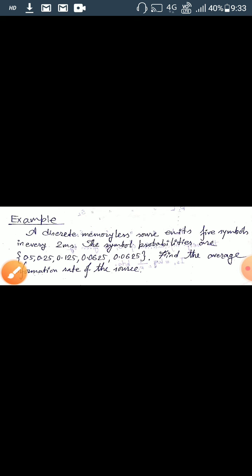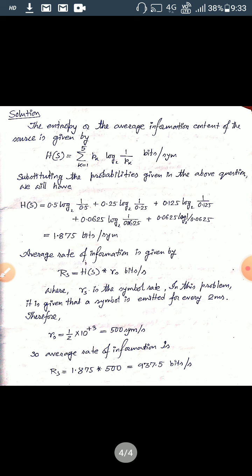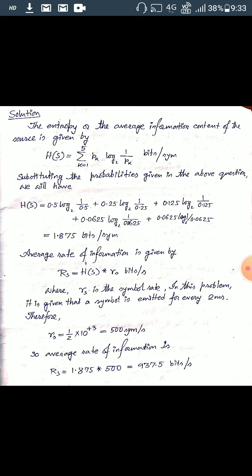So how do we get it? Initially you have to calculate the entropy, or average information content, of the source. Just apply the formula we already derived, H(S) is equal to the summation of k equal to 1 up to n of pk log2 of 1 by pk, where n is 5. Why is this 5? Because the question says the number of symbols is 5.